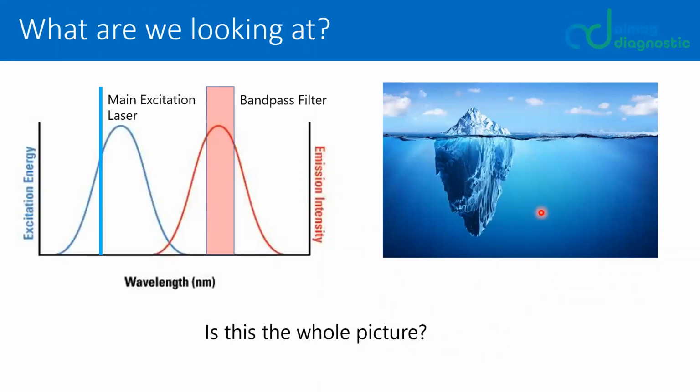So what are we looking at? Fluorochromes typically have more than one excitation wavelength and emit over a range of wavelengths. So when using the conventional idea of one laser, one detector, we are capturing only the peak emission. It is like looking at the tip of the iceberg when there is actually much more beneath it.